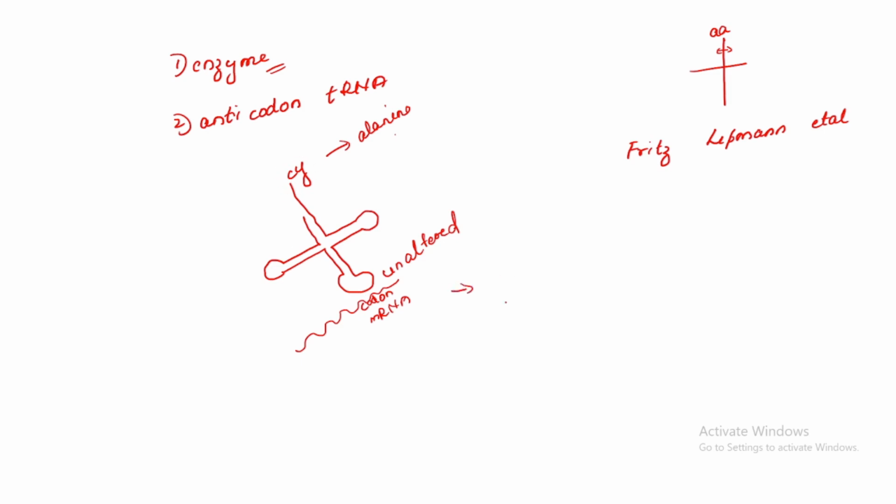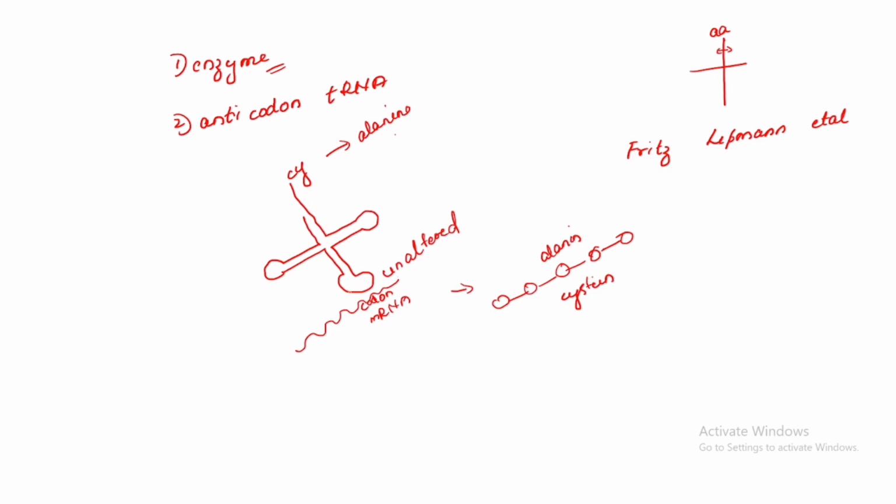As a result, the polypeptide chain that formed possesses alanine in the place of cysteine. Clear? That means the amino acid has no role.